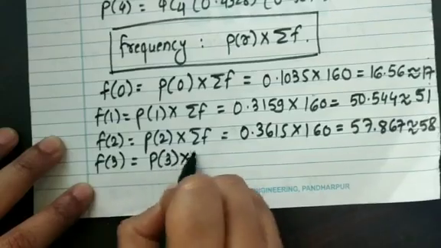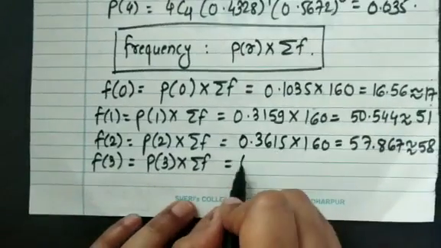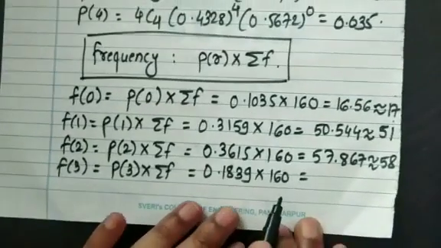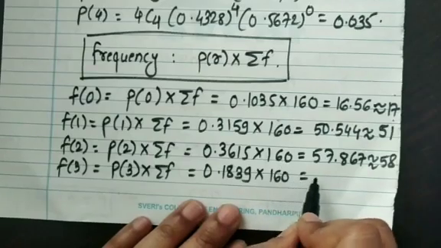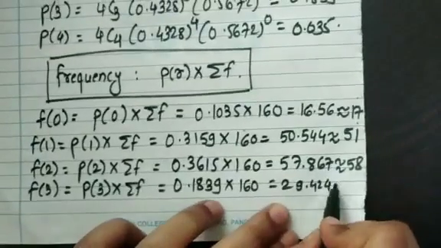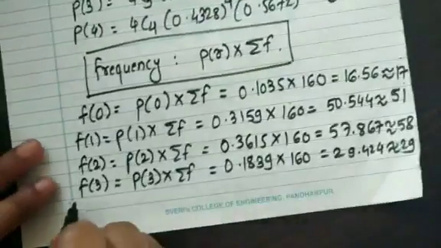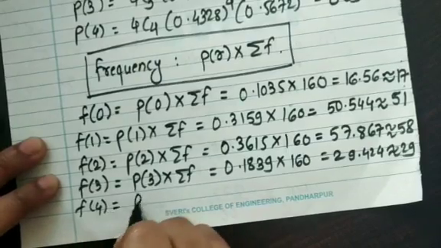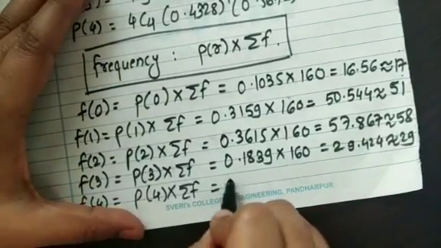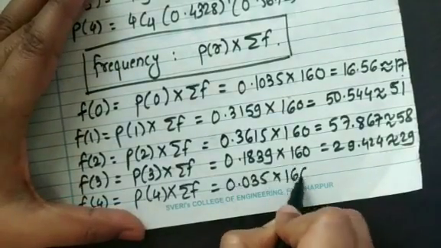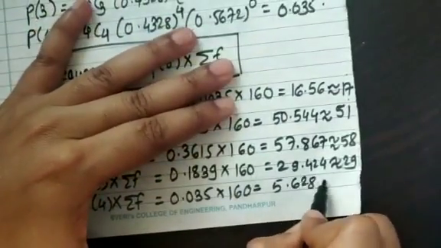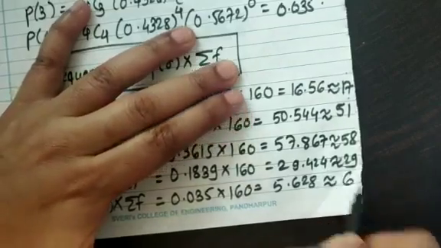Probability of 3 into summation f, that is 0.1839 into 160, that is equal to 29.424 and will approximate it to 29. Next f of 4 is probability of 4 into summation f, that is 0.035 into 160 and that is nothing but 5.628 and we will approximate it to 6.